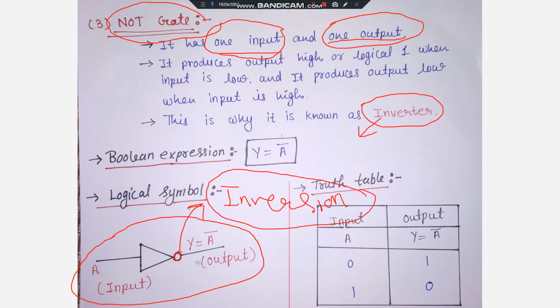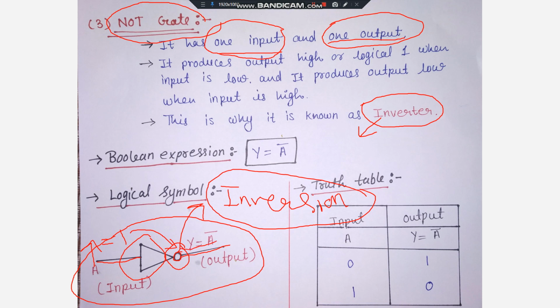That means what? See, as I told you, NOT gate will have 1 input and there will be 1 output. That means whatever you give as input here. ठीक है, for example यहाँ पे A को मैंने दे दिया 1. ठीक है, so now here we have got 1 in the input of this NOT gate. So now because of this inversion sign, this 1 will be converted.